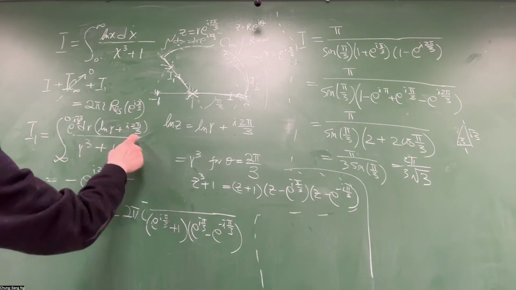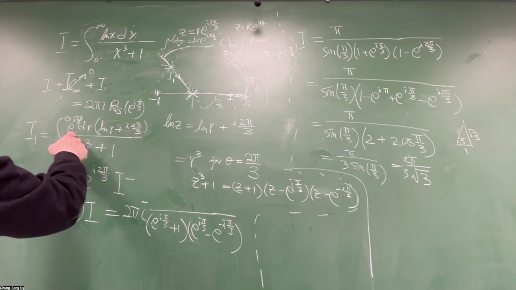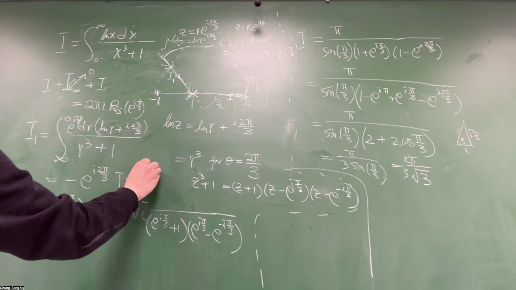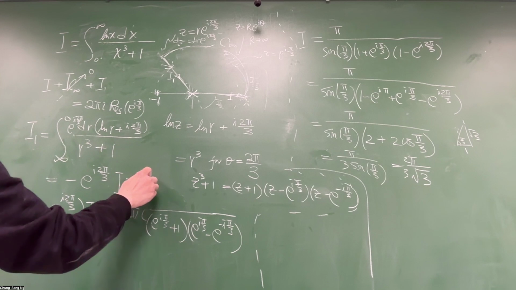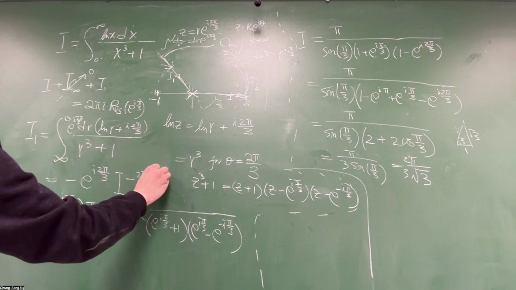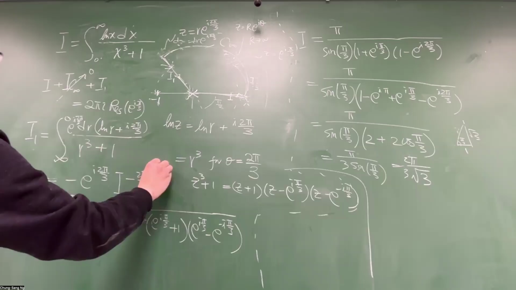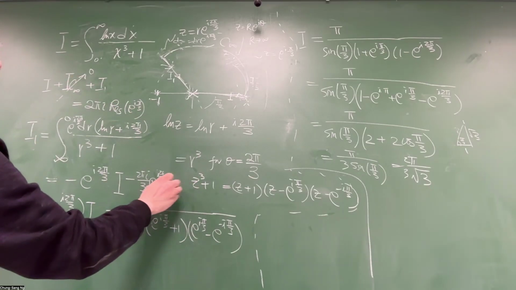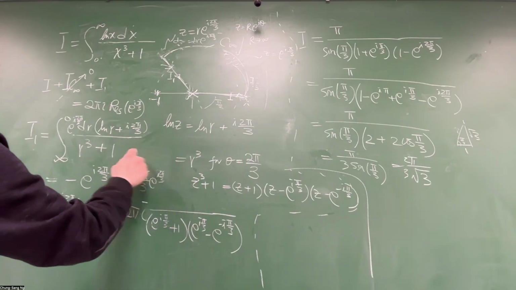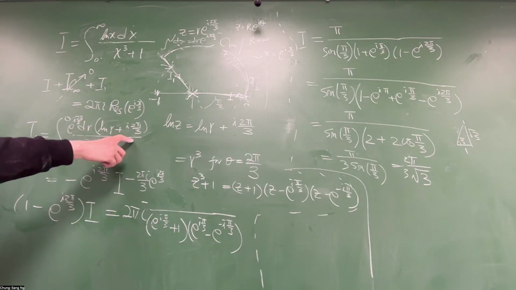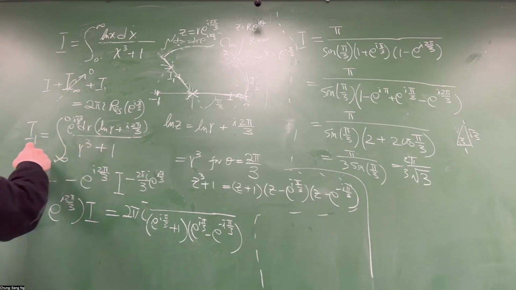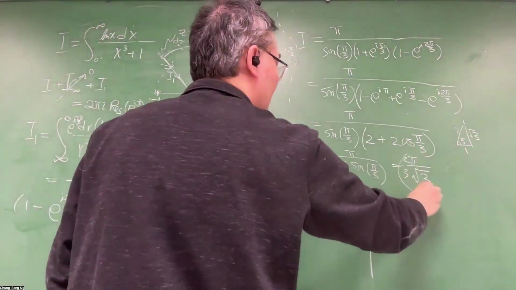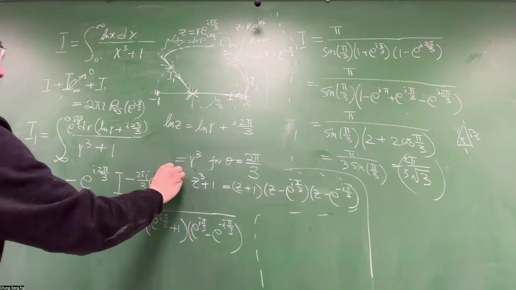actually minus 2 pi i over 3 times e to the i 2 pi over 3 times the integral that we had before, because now you don't have the log for the second one, which is just the integral we had before, which is just this one, 2 pi.